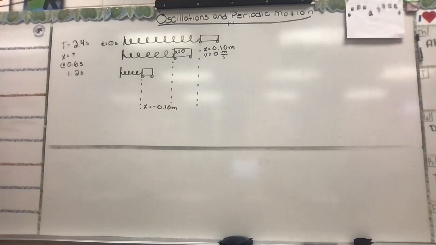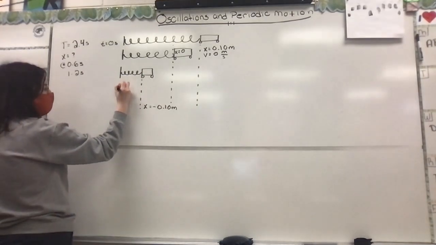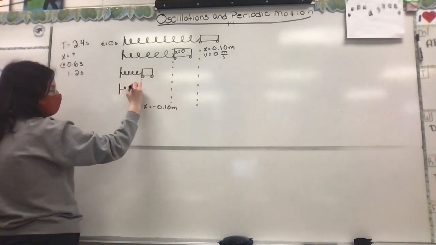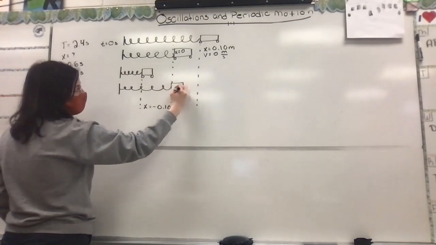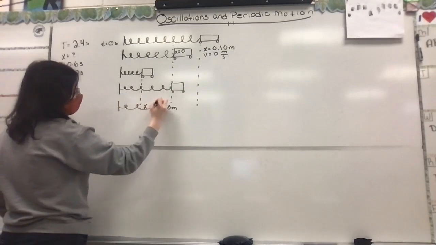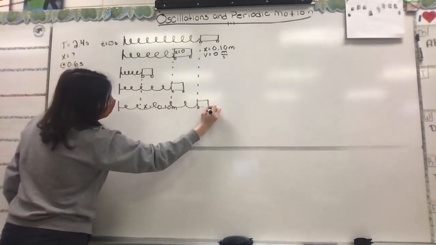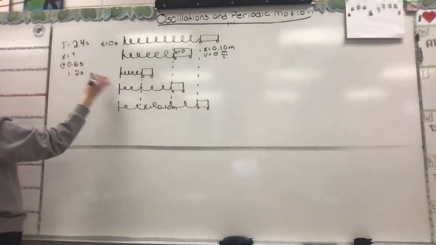The only difference between this example and the one I showed you on the board is we've got numbers now. Then after it goes there, the restoring force is going to push it where? Back to equilibrium. Perfect. And then where does it end up at the end? Back at 0.10.